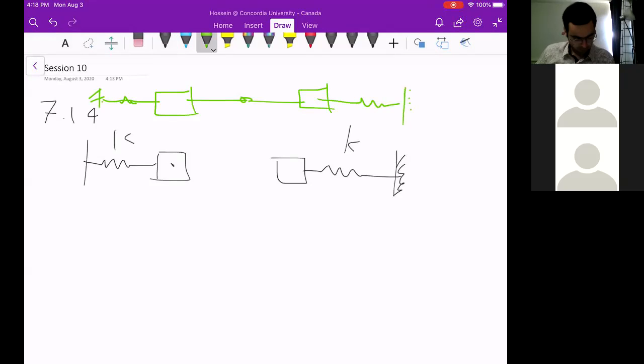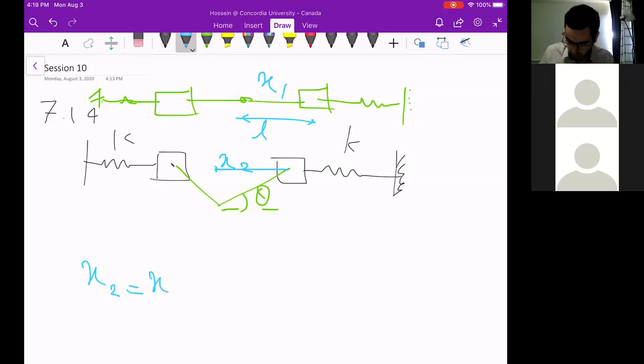As soon as you apply a theta, this is x1, x2, L. Delta x is x2 minus x1, or it should be positive.